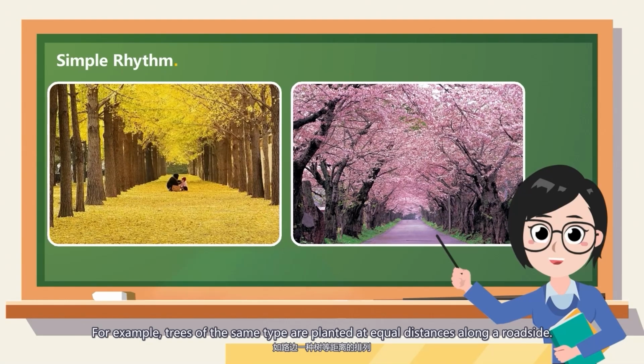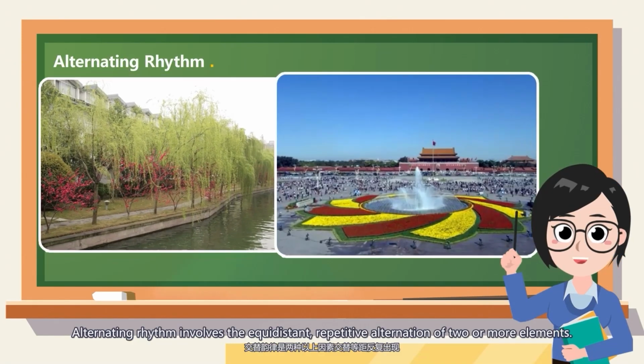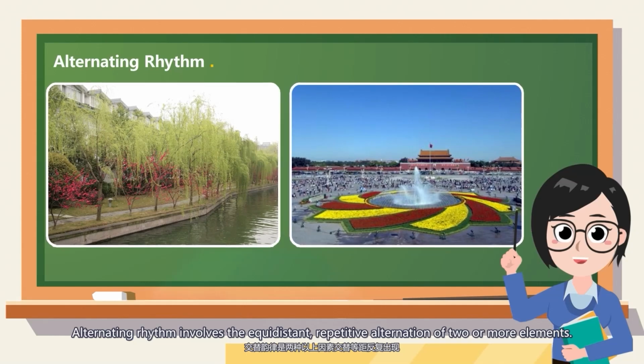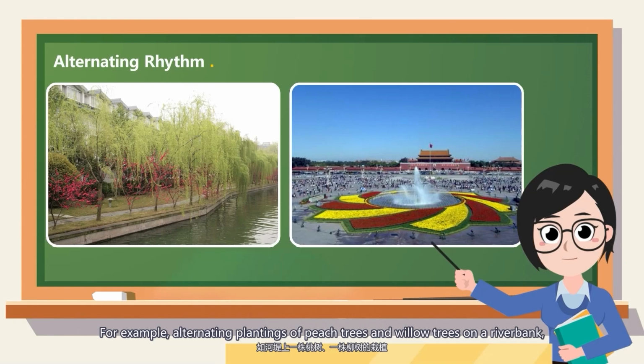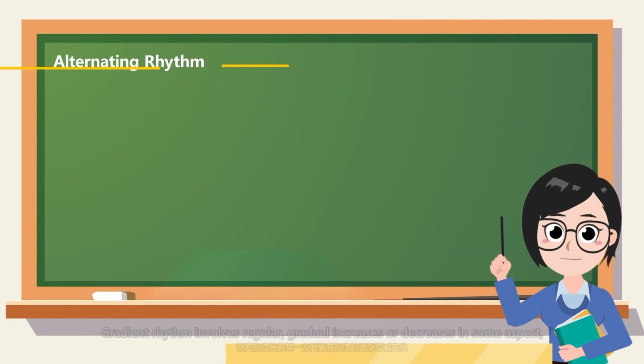For example, trees of the same type are planted at equal distances along a roadside. Alternating rhythm involves the equidistant, repetitive alternation of two or more elements. For example, alternating plantings of peach trees and willow trees on a riverbank, or alternating patterns in a flower bed.